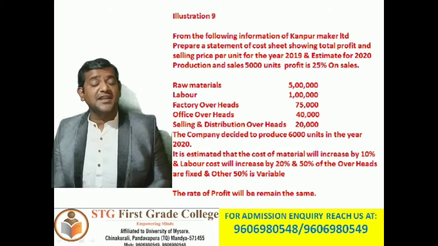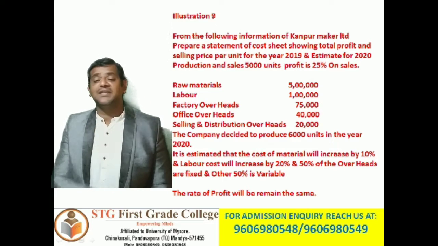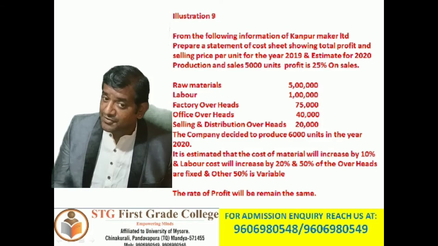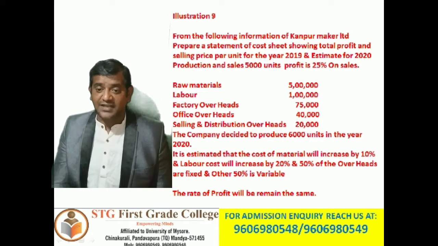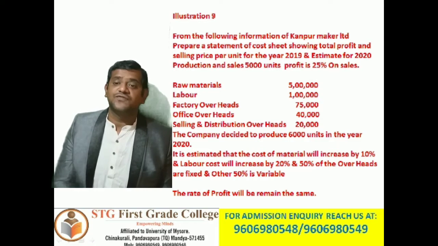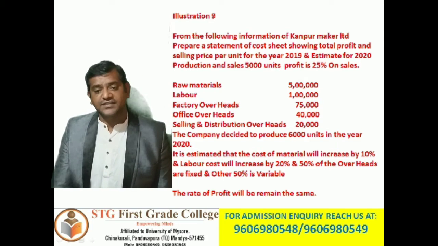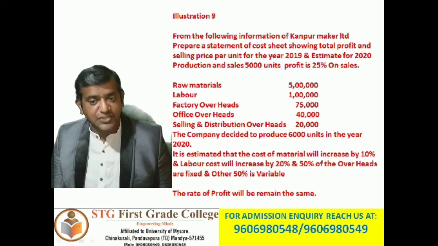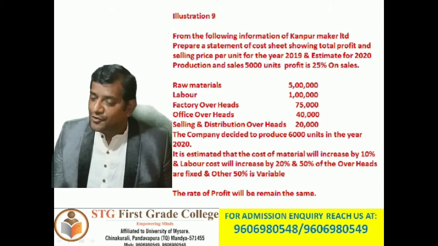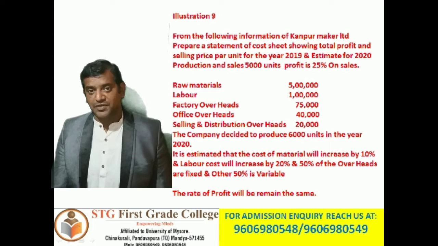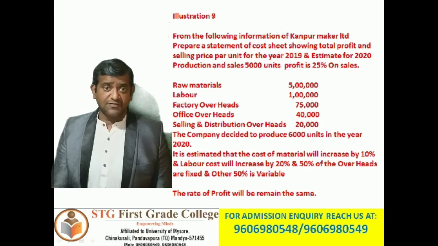It is estimated that the cost of material will increase by 10% and labor cost will increase by 20%, and 50% of the overheads are fixed and other 50% is variable. The rate of profit will remain the same, so there will be no changes in the rate of profit.